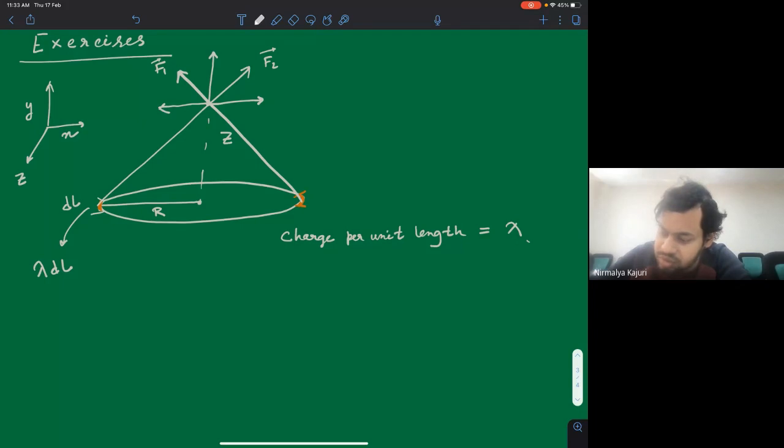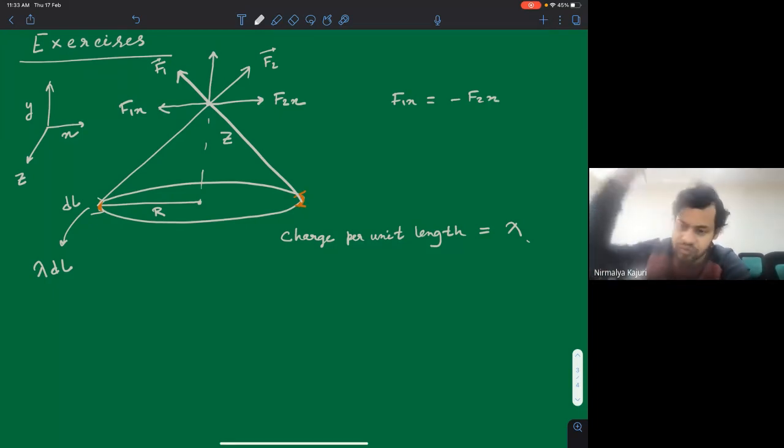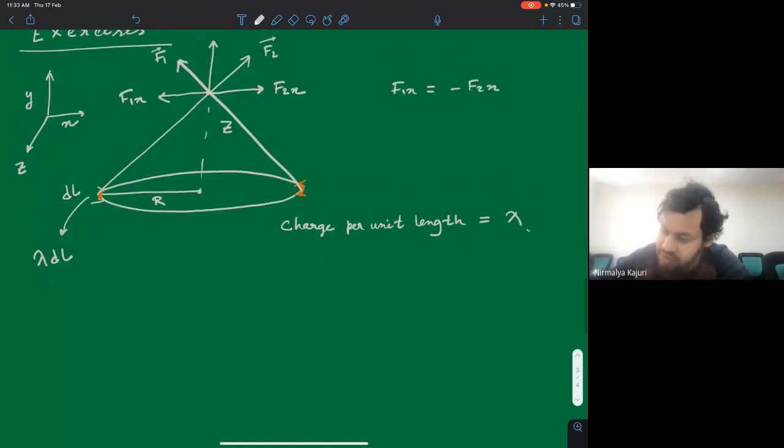So these two components, F1x and F2x, must be equal and opposite, and therefore cancel out. And so we only have to worry about the force along the y direction. So we only have to worry about F1y plus F2y, and both of these again should be the same by symmetry. So this is like 2 F1y.